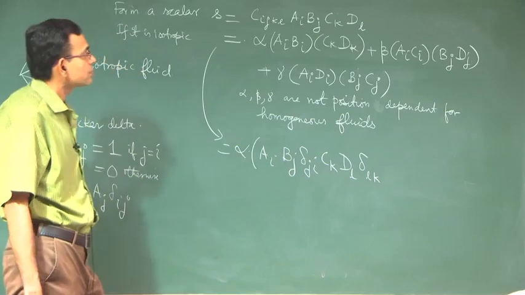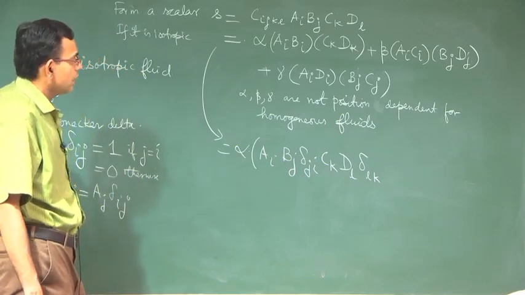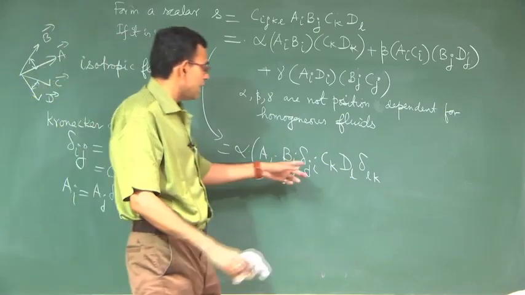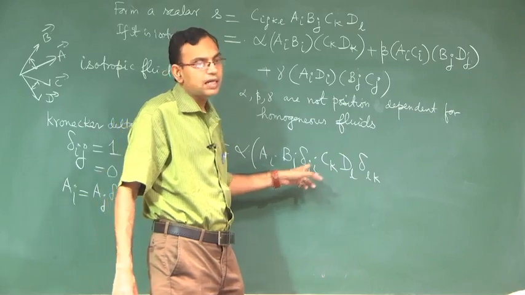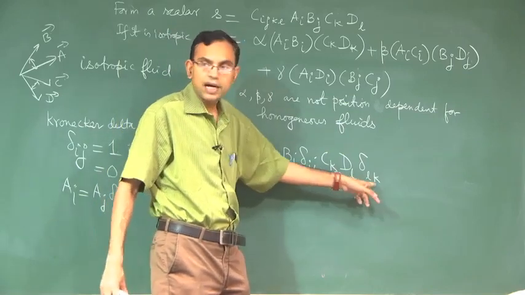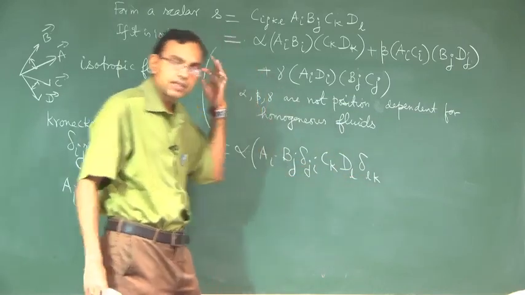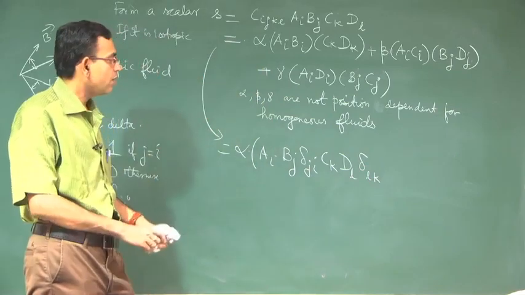It does not matter, because delta ij is symmetric; you could write delta ij or delta ji, delta lk, delta ki, all these, that is the symmetry of delta ij.